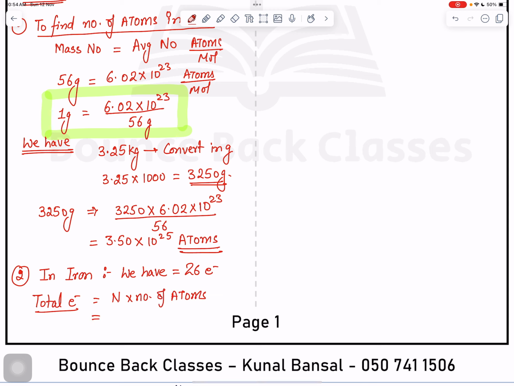So can I say 26 multiply number of atoms, 3.5 multiply 10 raised to power 25. So what is our answer? Yes guys, calculate it fast. So we will get 9.09 multiply 10 raised to power 26 electrons. Clear? So this is your equation number 2.